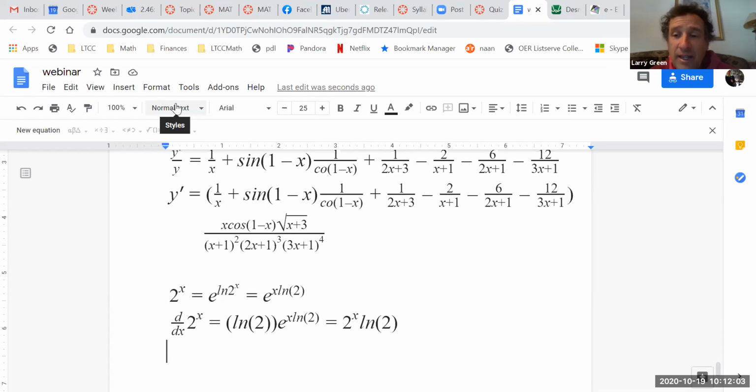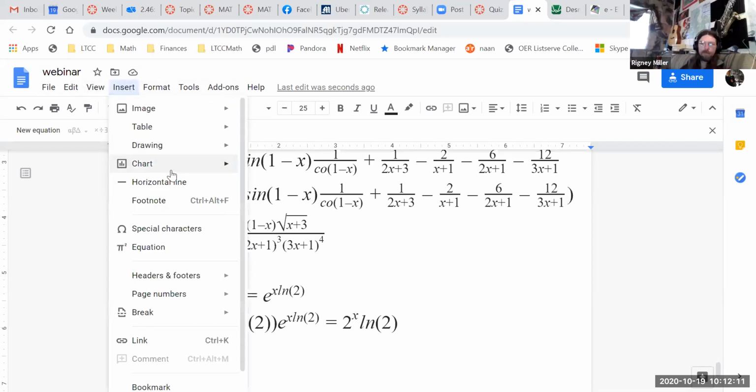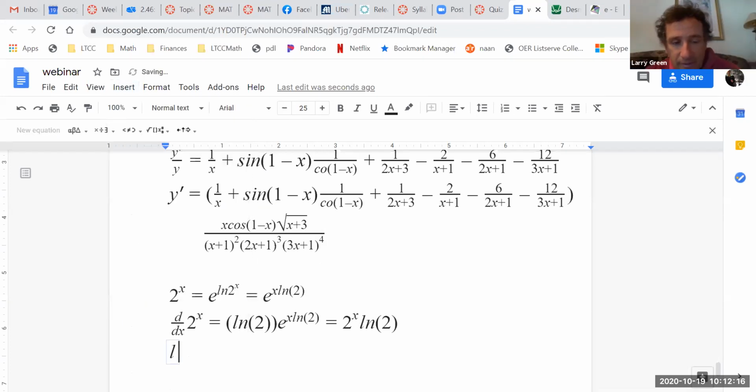But in chemistry, for the logarithm, what's a big base for the logarithm that they use? 10. Okay, so we're going to take the log base 10, and a lot of times they don't even write 10, but I'm going to write the base 10, because sometimes log will also mean ln.